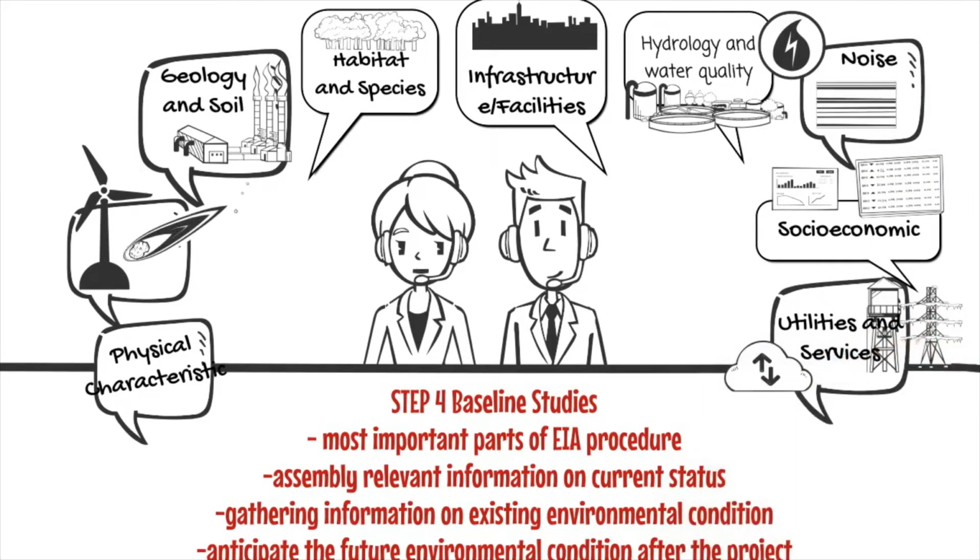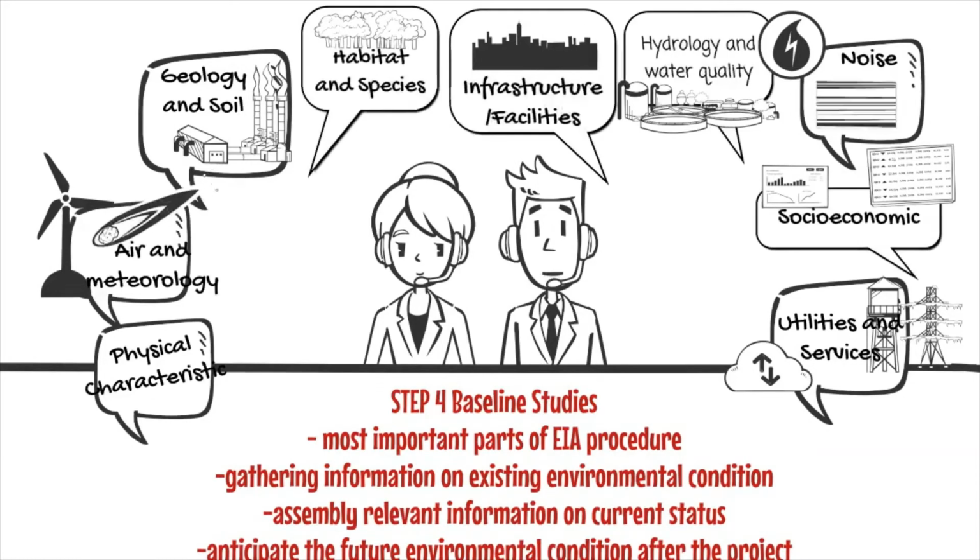All information of existing environmental conditions are gathered, which are about the physical characteristics, hydrology and water quality, air and meteorology, noise, geology and soil, socioeconomics, habitat and species, infrastructure and facilities, and also utilities and services. Anticipation of the future environmental condition after the project is also considered. It is important to do comparison after the project is carried out for monitoring purposes.